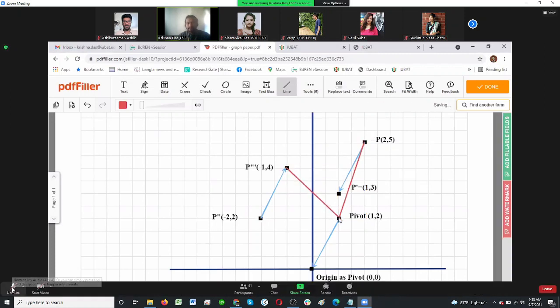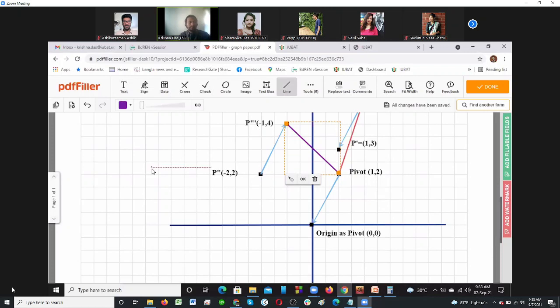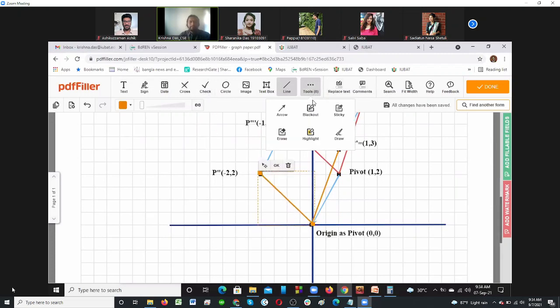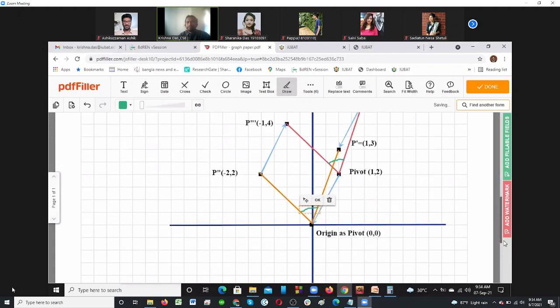You can see that this movement is the 60-degree rotation, and this is also the 60-degree rotation.